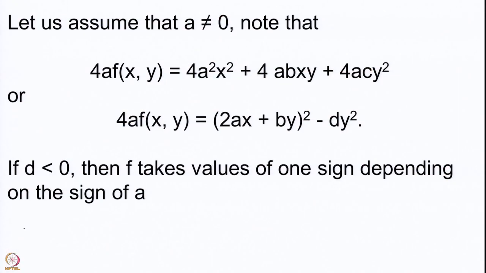So, the right hand side is always bigger than or equal to 0. Whenever your d is negative, this side is bigger than or equal to 0, and here we have 4 into A into F. So that means forget 4, it is a positive quantity anyway. So A into F will always have positive values.